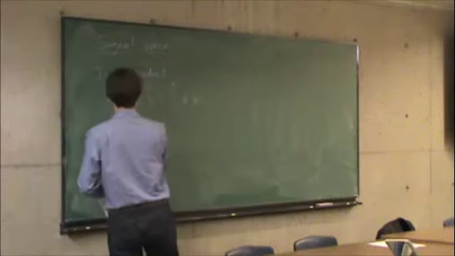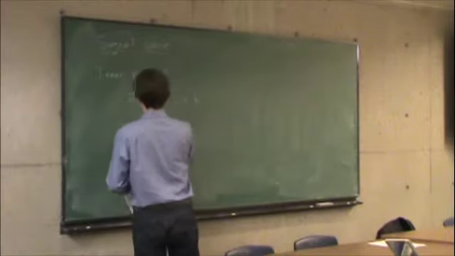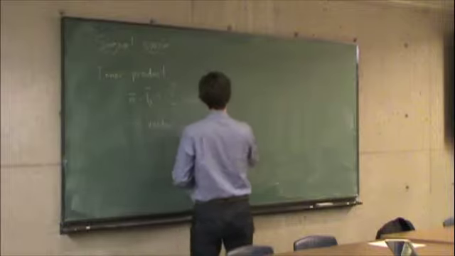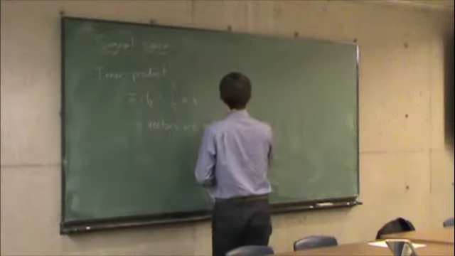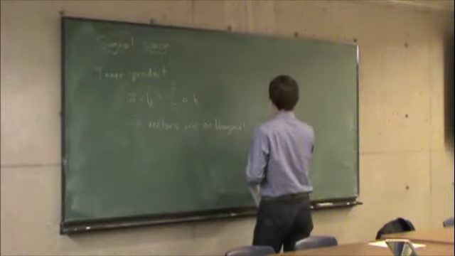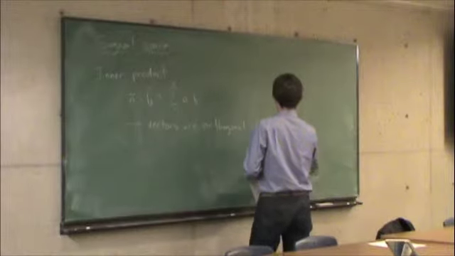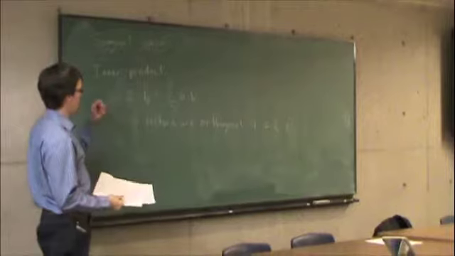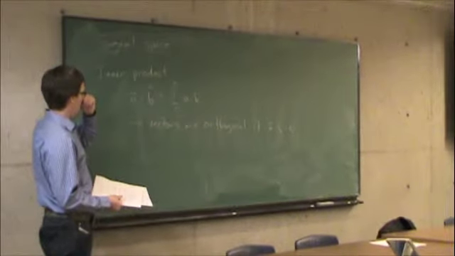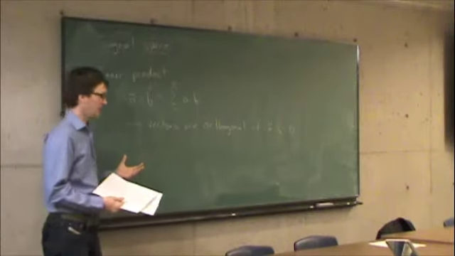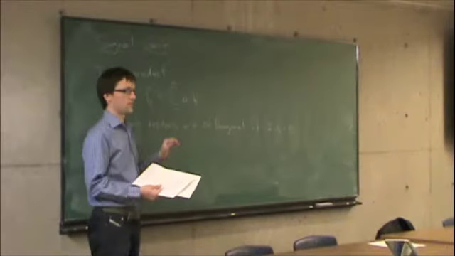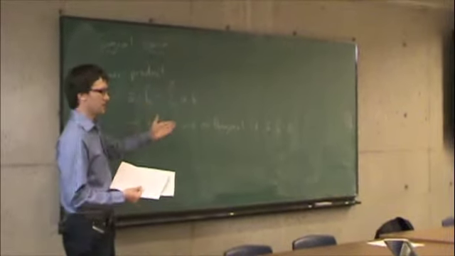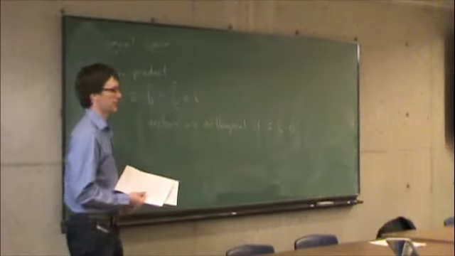There's a rule that two vectors are orthogonal if A dot B equals 0. The interpretation of A dot B is the projection of A onto B, or vice versa. In other words, if you want to know what component of A goes in the direction of B, you take the dot product.